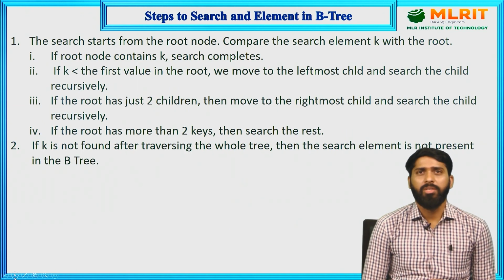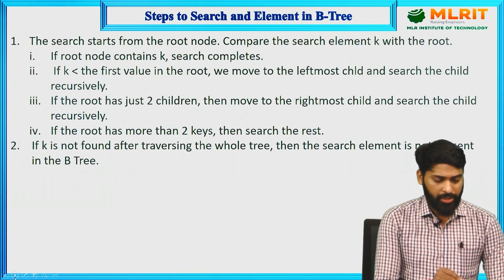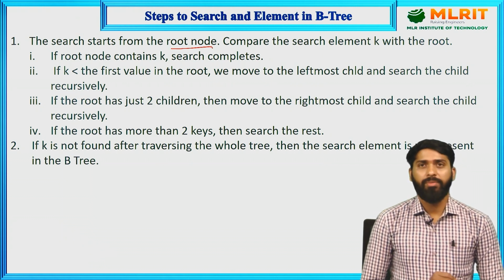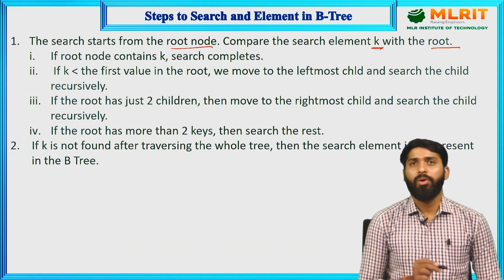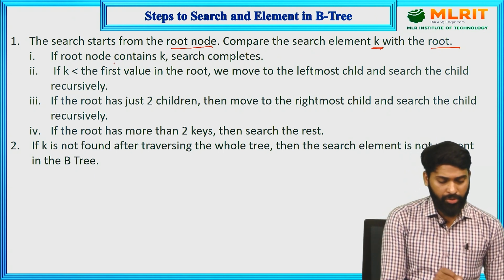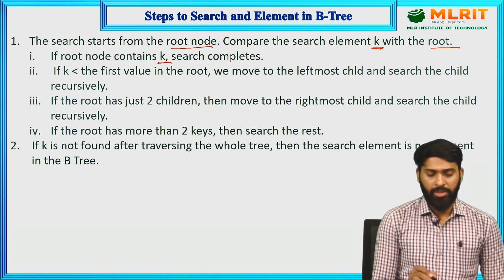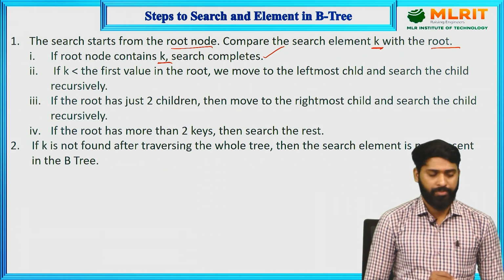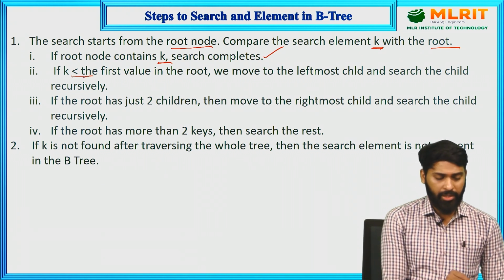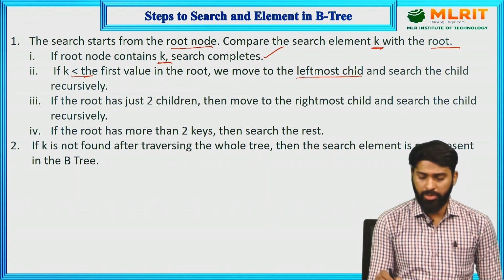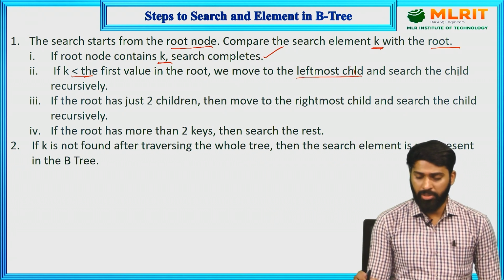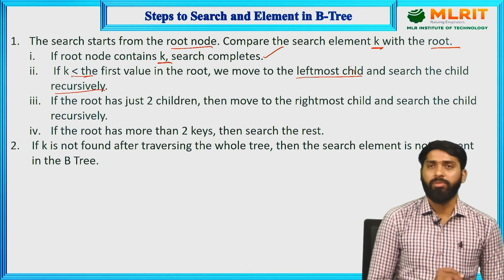Steps to search an element in a B tree. The search starts from the root node. Compare the search element K with the root. If the root node contains K, the search completes. If K is less than the first value in the root, we move to the leftmost child and search the child recursively.